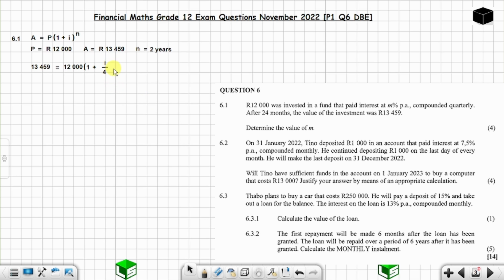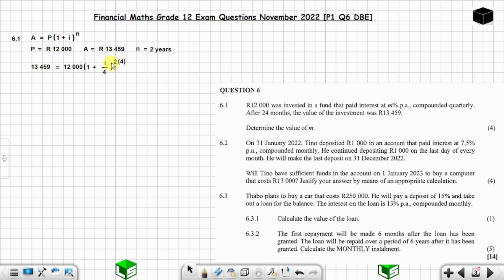You close your bracket. N is equal to 2. 24 months is 2 years. So you have 2 times 4 because this is compounded quarterly. Remember that, times 4, because this is compounded quarterly. You divide I by 4 because this is compounded quarterly.